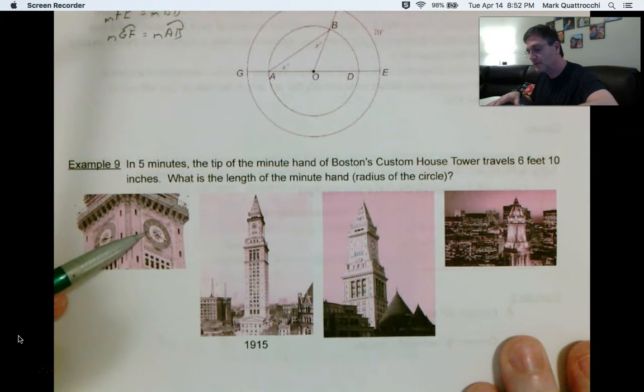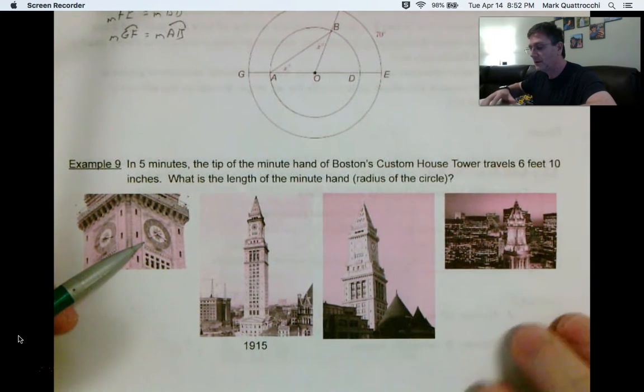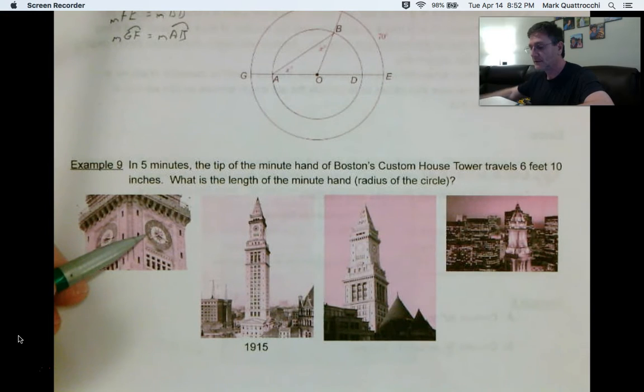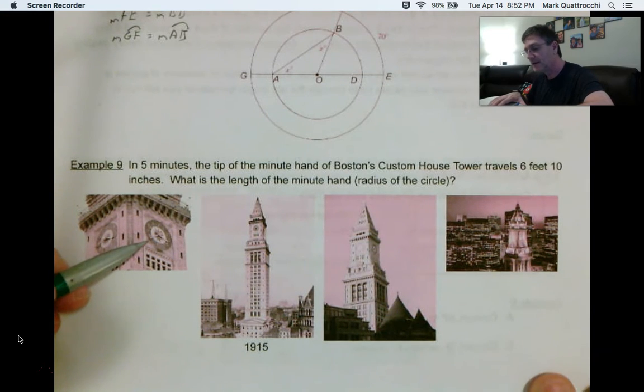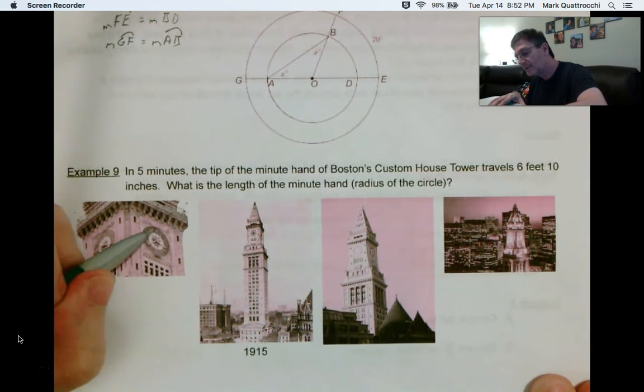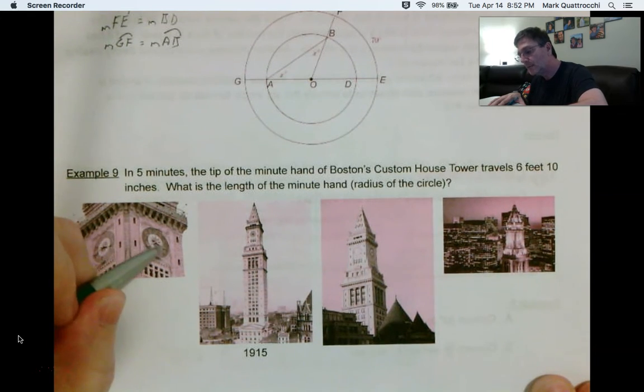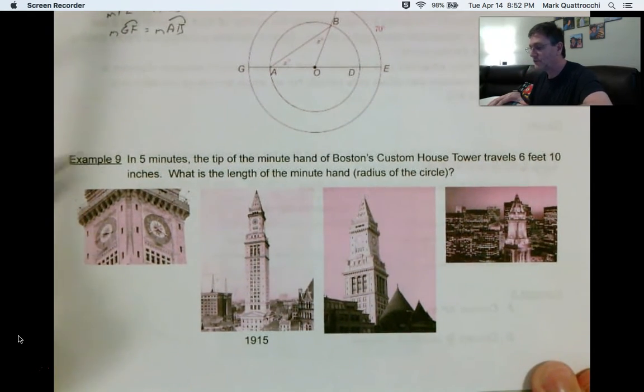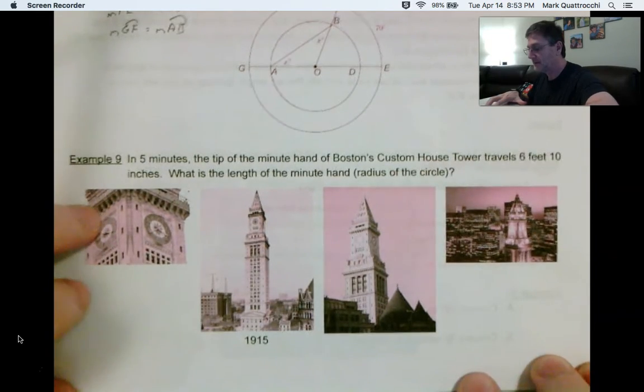So as it goes around the clock face, as it goes around the circle, and we're talking the minute hand, that's the longer of the two hands. When it goes 5 minutes from the 12 to the 1, or from the 1 to the 2, it travels 6 feet, 10 inches.